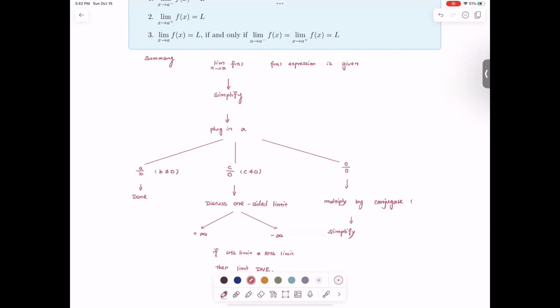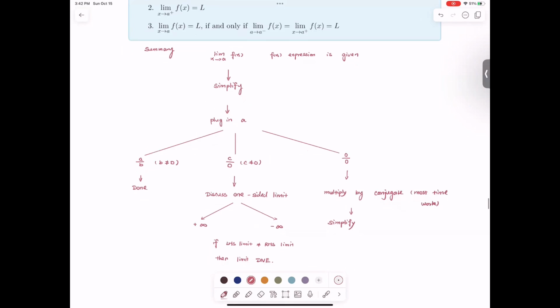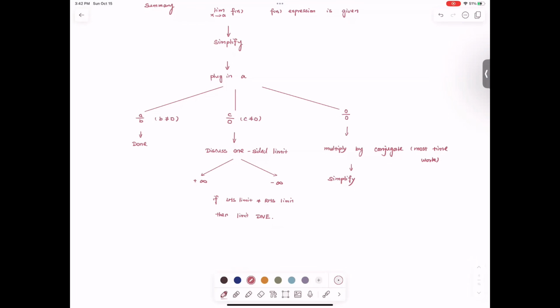This most of the time would work, not all the time. Simplify and repeat what we have there.